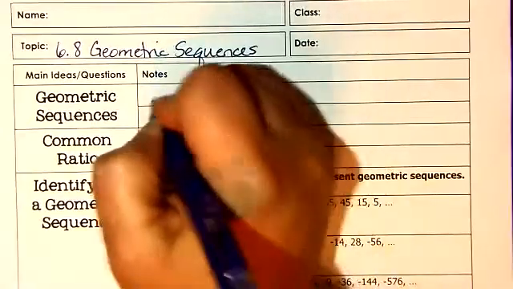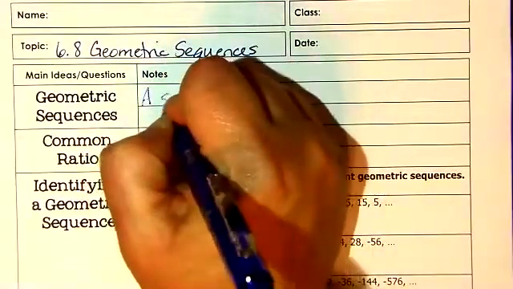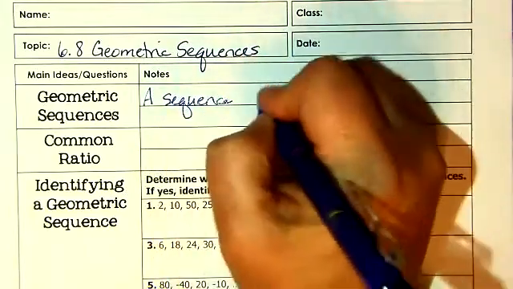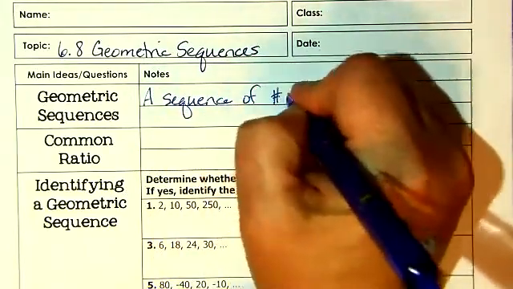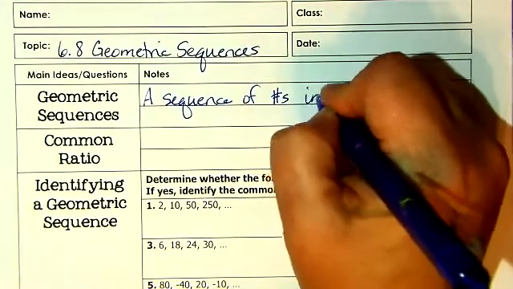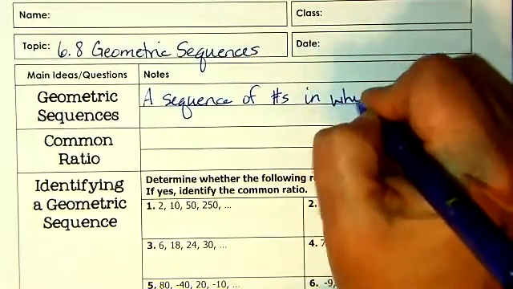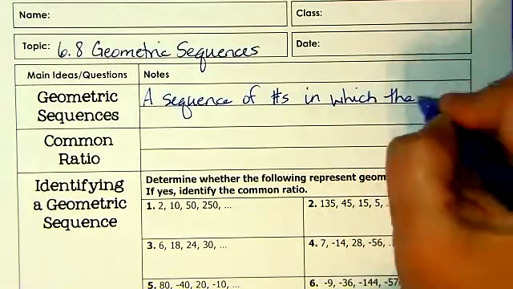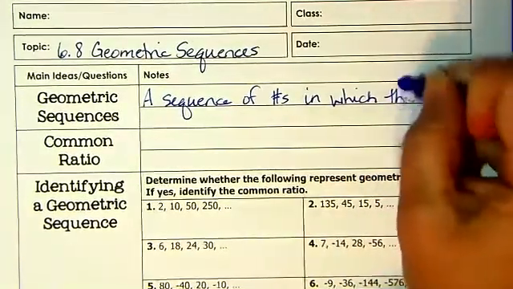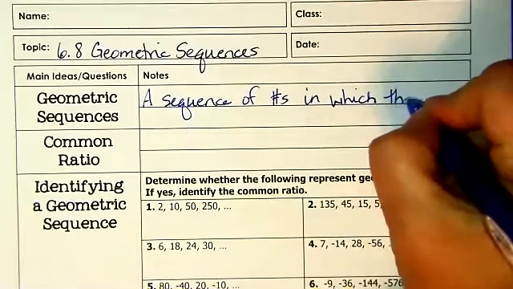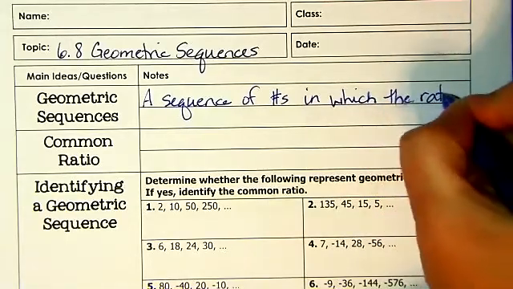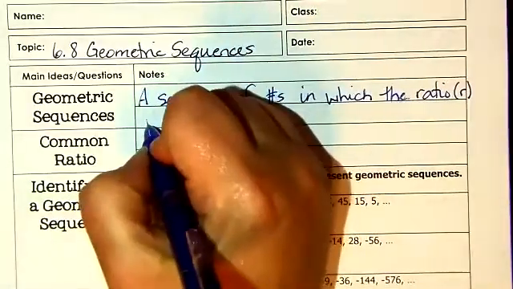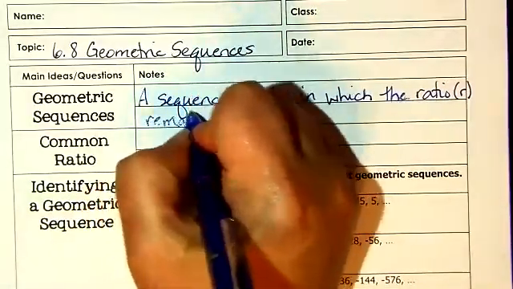Okay, so a geometric sequence is a sequence of numbers in which the ratio R remains constant.